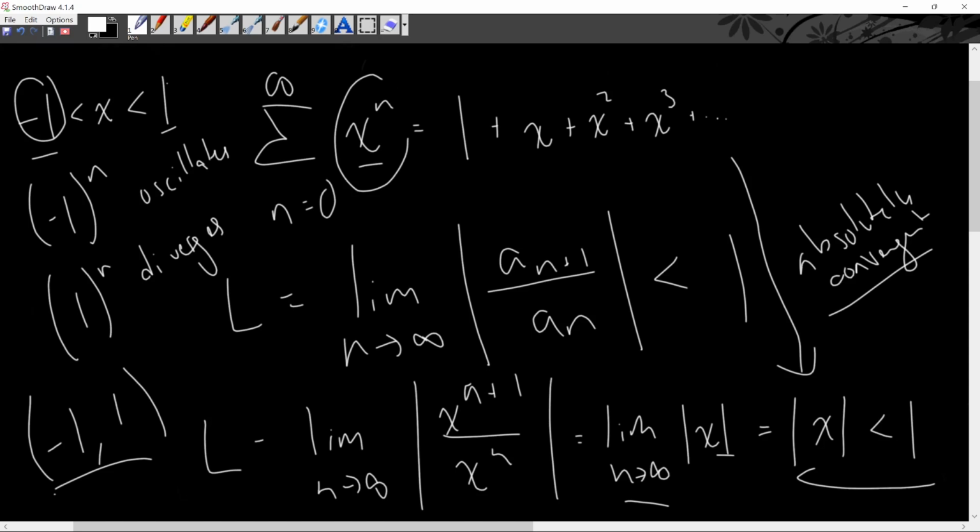If it is greater than -1 but less than 1, but not equal to 0, so let's think about a negative fraction in between -1 and 1, so -1/2. If we do -1/2 to the power of n, that is also -1 to the n over 1/2 to the n, right?